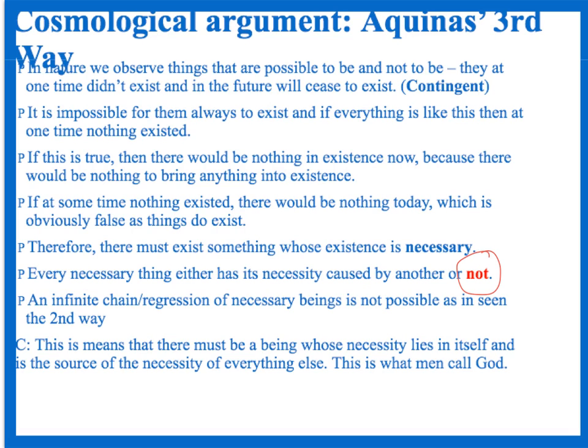And that's because if it had its necessity caused by another necessary being, well, then you're going to end up with an infinite chain of regression of necessary beings. So therefore, we have to have a being which is its own cause of its own necessity. It is just a necessary being. It's not caused to be by anything. It's a necessary being. And this is what we call God.